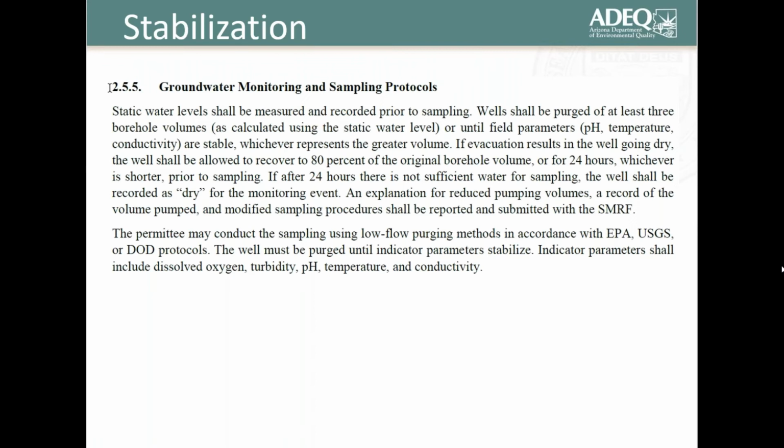So, 3 well volumes and/or your stabilizing parameters. But I do encourage just doing the 3 well volumes purging, and chances are your parameters are going to be stabilized after that.